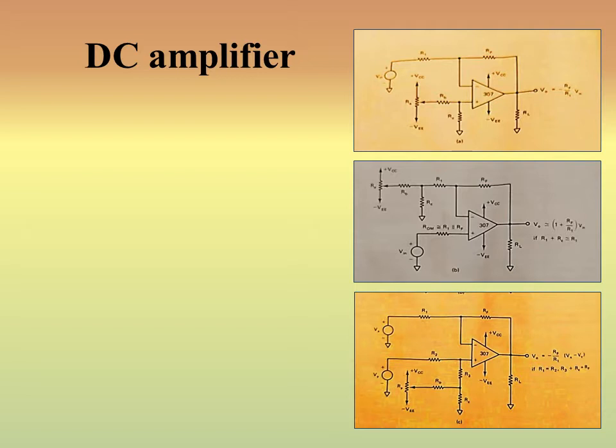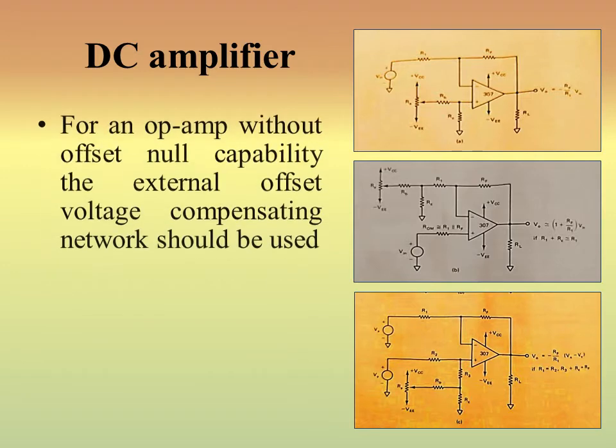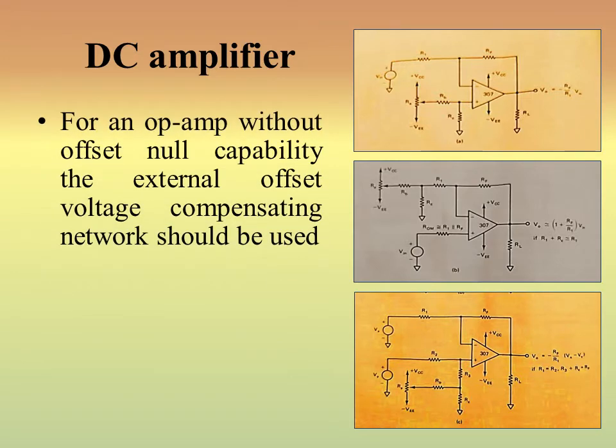You can see for all the three configurations, here and here, an additional circuitry has been applied. So why this has been applied, this we'll see. For an op-amp without offset null capability, an external offset voltage compensating network should be used.